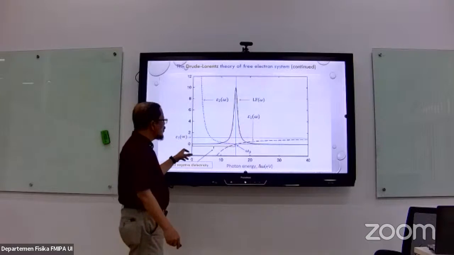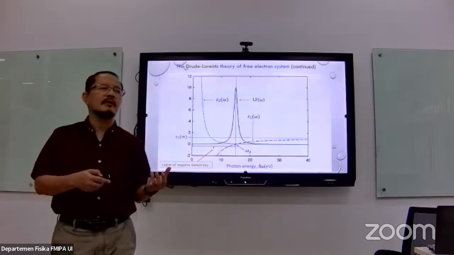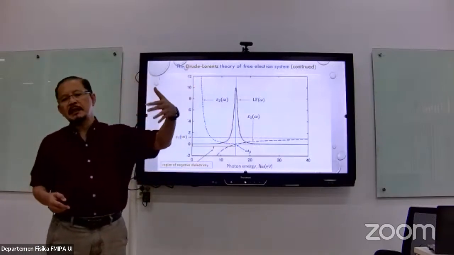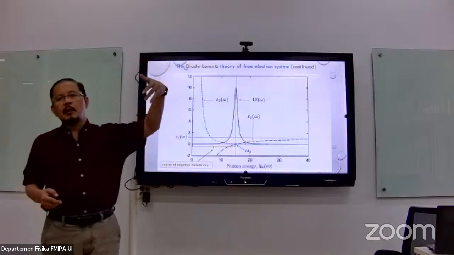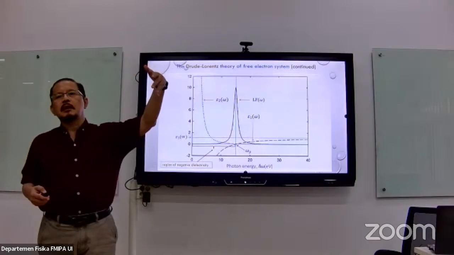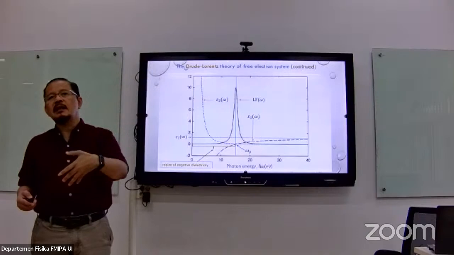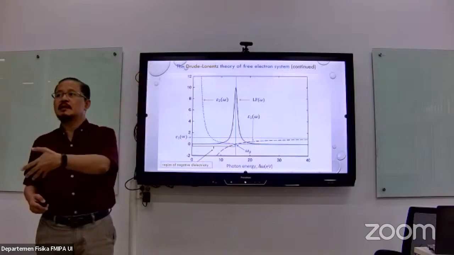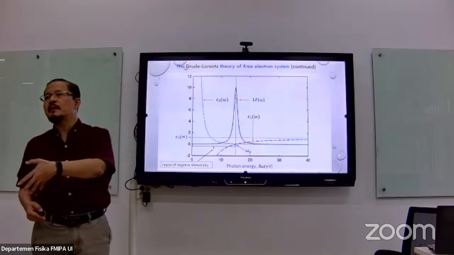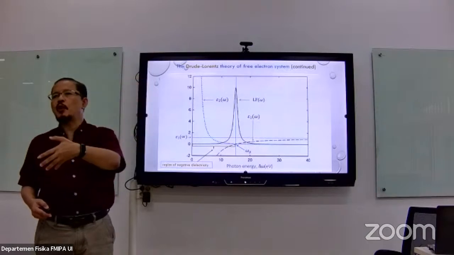It doesn't matter much whether it has some positive finite value or is close to 0. If epsilon 1 is negative, the electromagnetic waves entering the material become decaying. If it is decaying, it doesn't propagate. It doesn't go into the material. If it doesn't go into the material, the energy cannot just stop without flowing anywhere.